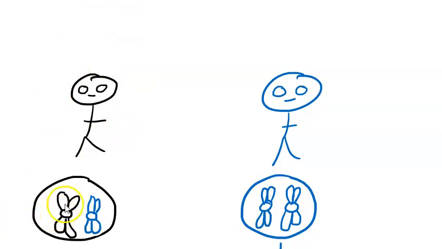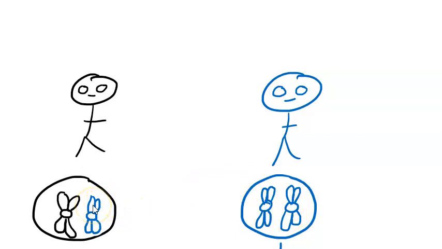So this individual has got this chromosome and this chromosome. These are homologous pairs. For humans, there would be 46 chromosomes in every cell, so to make this simple, we're just looking at two. So they've got those two chromosomes, and this individual has these two chromosomes.